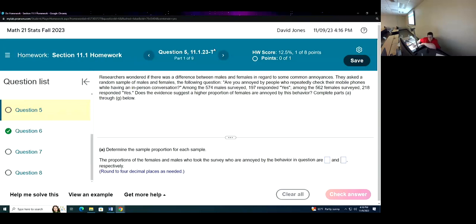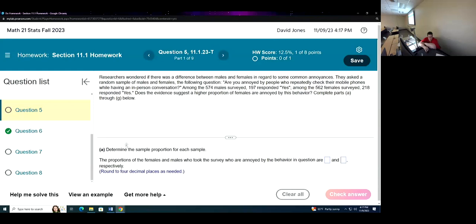Group 2 is females, and 213 said yes out of 562. And it says complete part, does the evidence suggest a higher proportion of females are annoyed by this behavior? We'll take a look at it.